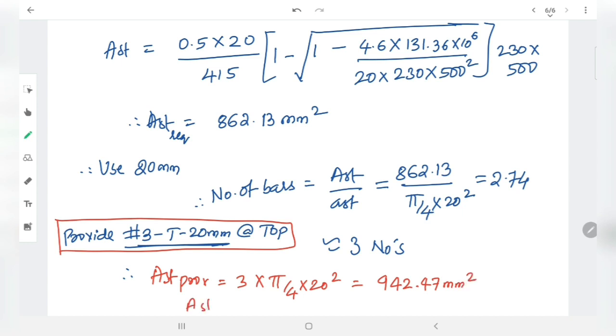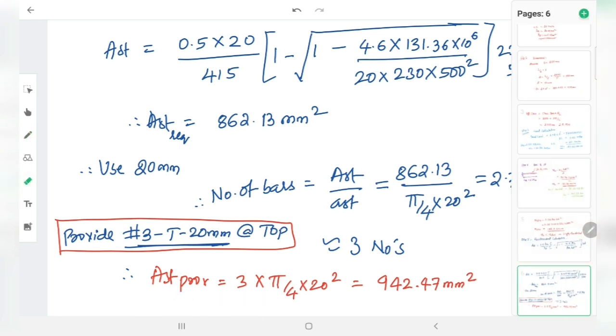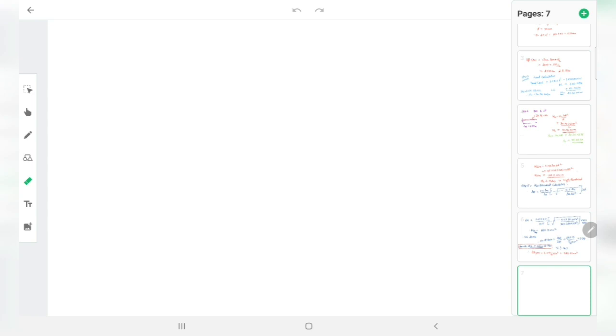That is, AST provided is greater than AST required. Next, as it is a singly reinforced beam, we need to provide anchor bars at bottom, that is 2 numbers T10 mm at bottom.